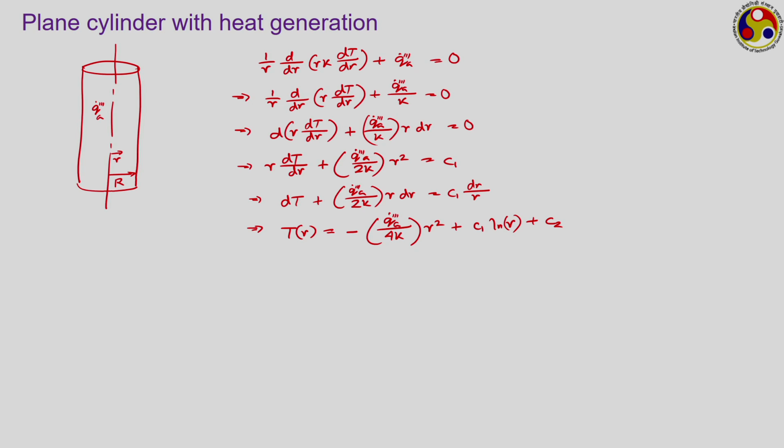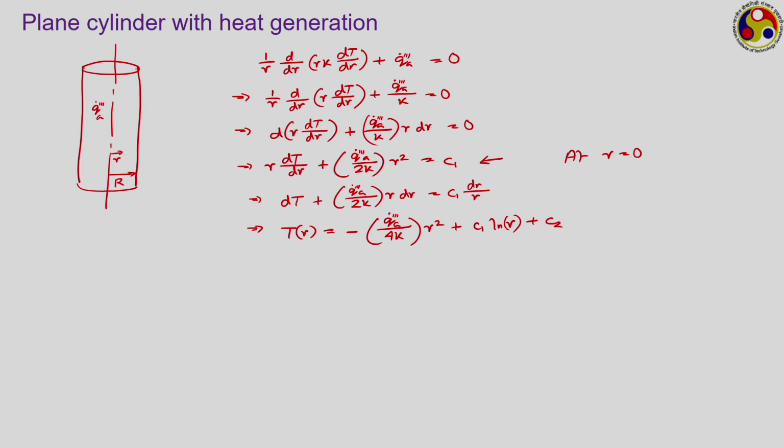Now, before proceeding, just check this particular situation at R equal to 0. If dT dr, the temperature gradient, has to be finite, then C1 has to be equal to 0, because at R equal to 0, only if C1 is equal to 0 will dT dr be equal to 0.